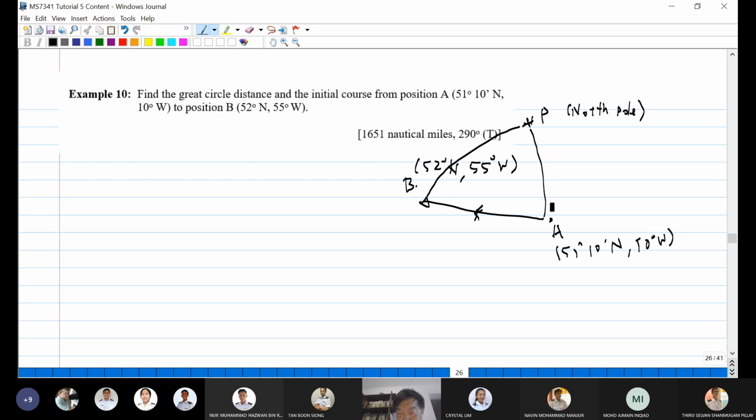Initial course is actually measured from the north, right? So this angle is measured from the north towards here. So this angle is the course, this alpha, initial course.